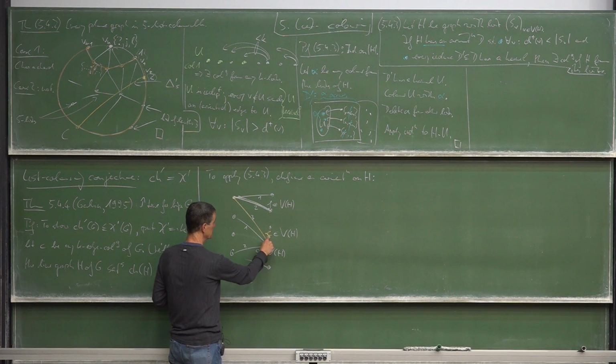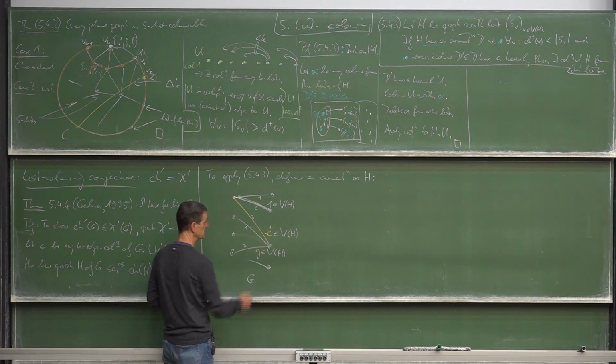E is also adjacent to G in the line graph because they're adjacent as edges of G.